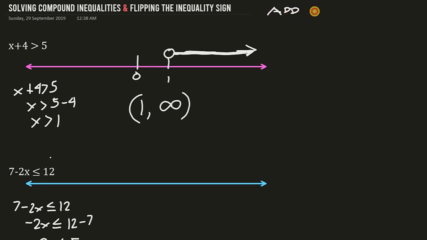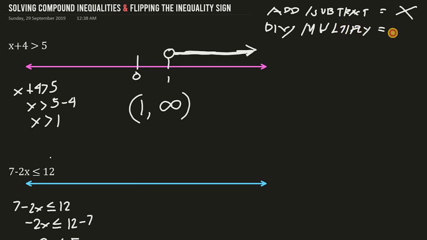Uulitin ko, kapag nag-add ka or subtract sa mga inequalities, for example, dito, sinubtract natin yung 4 sa kabilang side, walang mangyayaring change sa inequality sign natin. However, if you will divide or multiply ng negative number, mag-change yan, mag-flip.